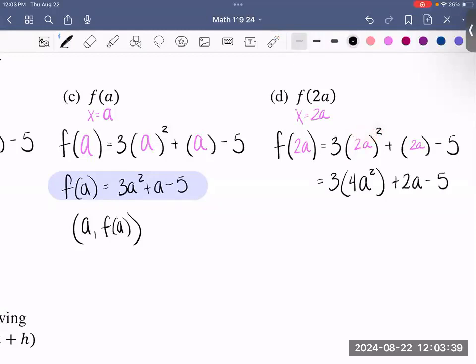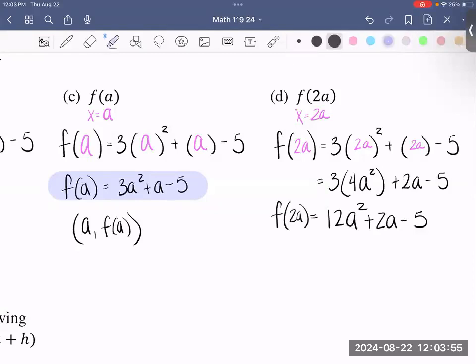Plus 2a minus 5 is equal to 12a squared plus 2a minus 5. Now, what did you have to put in to get this response out? You put in f of 2a.